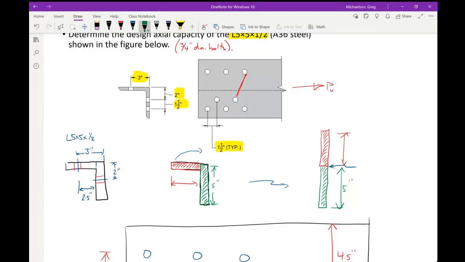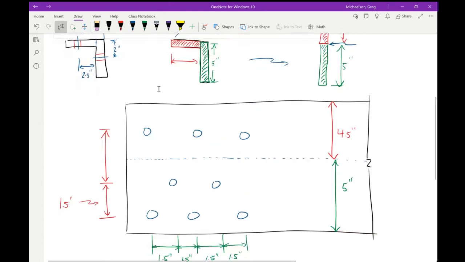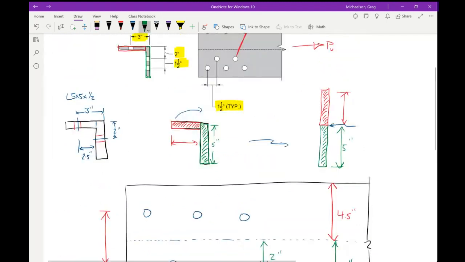If you look at the way that we split our angle up, like this, we know that bottom dimension is going to be 2 inches, from that top hole to there.